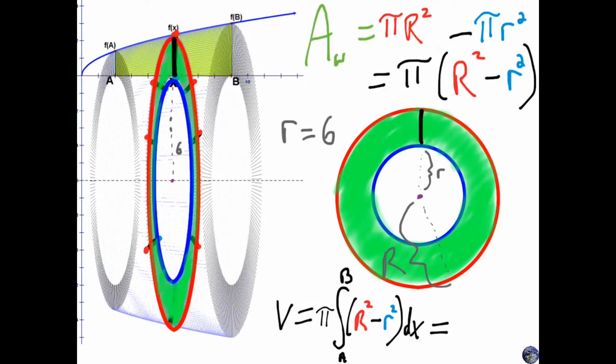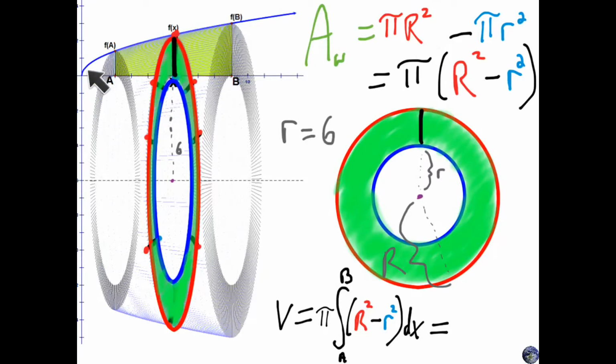Sometimes it varies depending on where you take the slice. In fact, that's what's going to happen with our big R. In order to figure out what our big R is in this case, let's focus on this little black segment right over here, which corresponds to this spot in our 3D solid. How long this is corresponds to the y-coordinate of our red dot right here. How did we get that red dot?